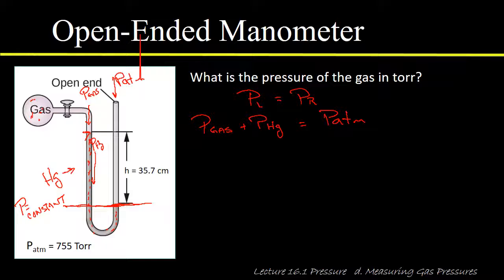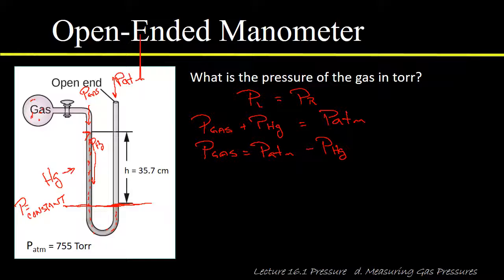If we want to know the pressure of gas, we can do a teeny tiny bit of algebra and rearrange this so that it says pressure of the gas is equal to pressure of the atmosphere minus pressure of that mercury column. So what we're doing is just subtracting pressure of mercury from both sides.